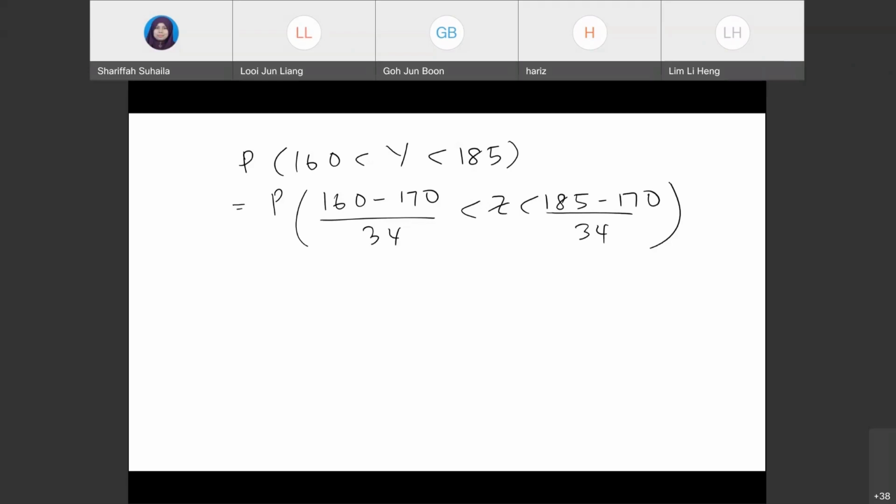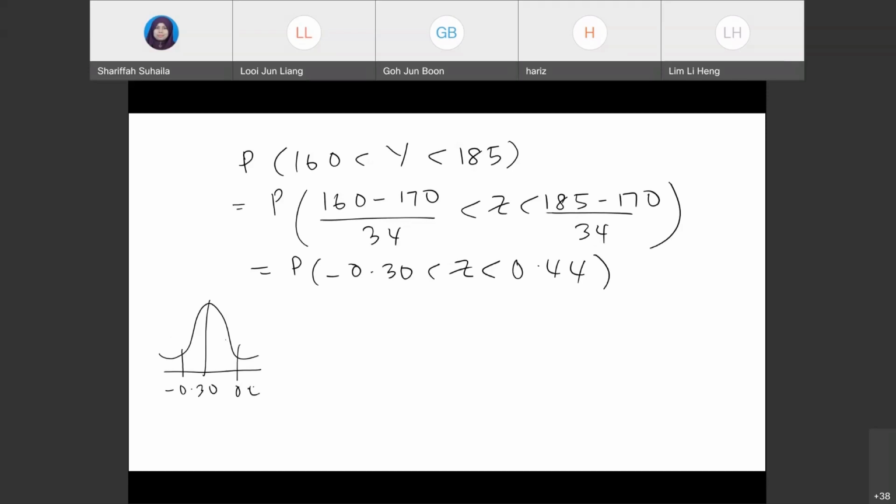So let's say we got less than Z, less than 0.44. Check the value from your stats table. So you have here between minus 0.3 and also 0.44.